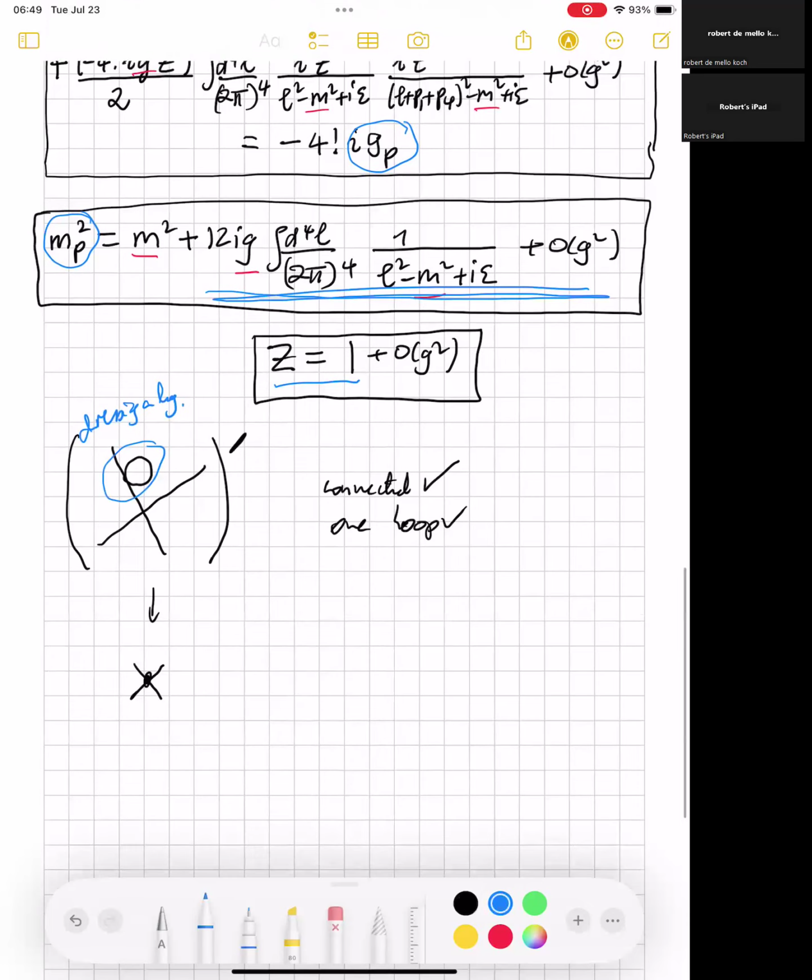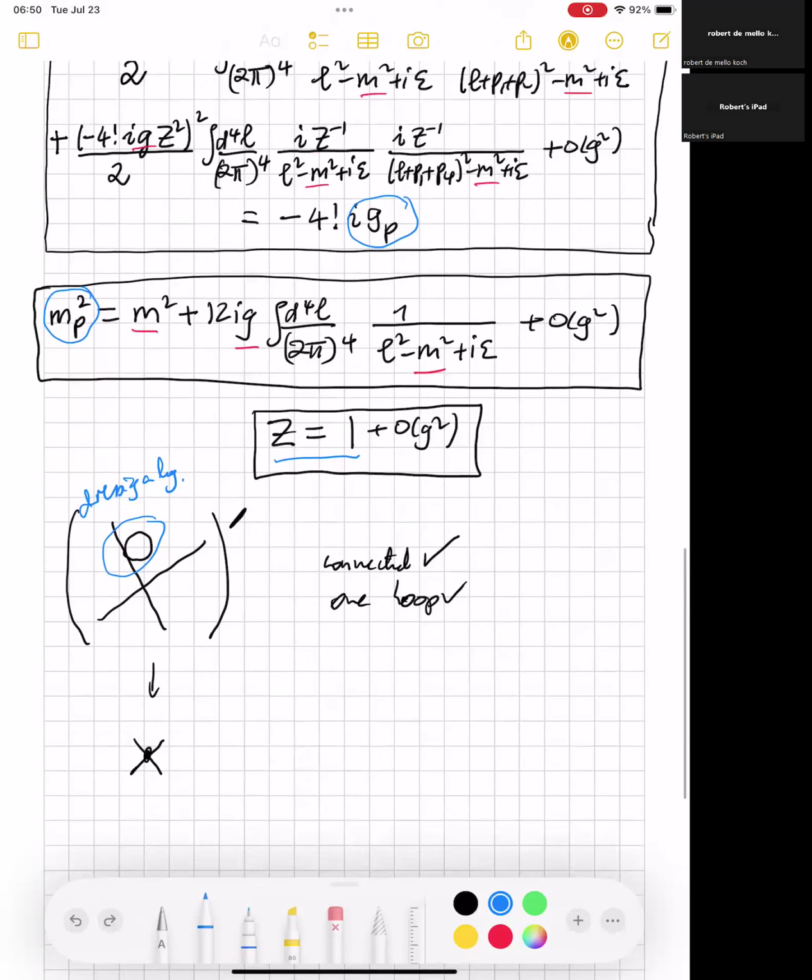That was from the loop dressing the leg. So this is not an effect related to the coupling. It's an effect related to propagation until you get to the vertex. So that's why we don't include a diagram like that. So anything that is just affecting the values of the external legs is not included when we amputate the external legs, okay?